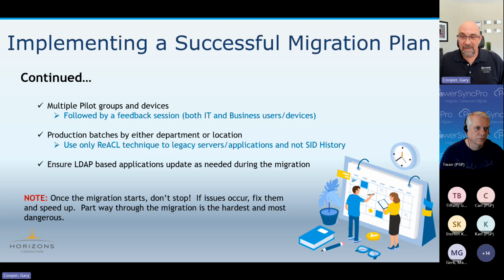Here's the big one. If I could leave you with anything from this entire hour, this would be it. It's very common that when something gets uncomfortable, if the migration has a few hiccups, or something happens that you hadn't seen at any point during your testing and piloting, the first response of a lot of executive, non-IT people is: stop everything, roll it back.